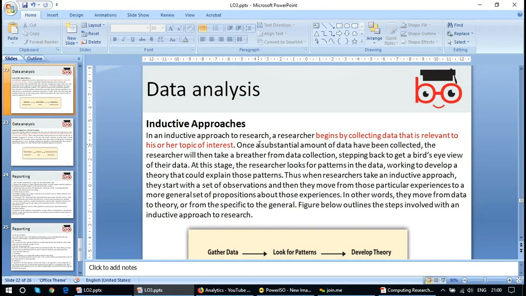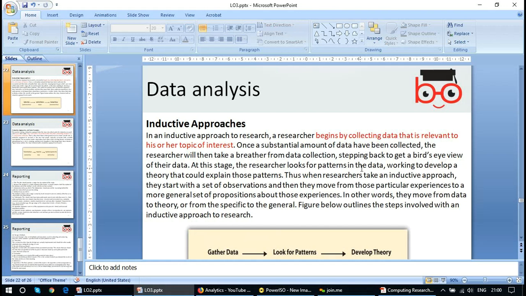In the inductive approach to research, a researcher begins by collecting data that is relevant to his or her topic of interest. Once a substantial amount of data has been collected, the researcher will take a breather from data collection, stepping back to get a bird's eye view of their data.